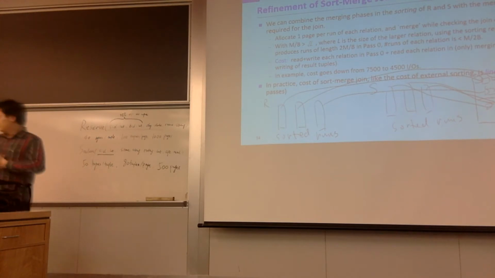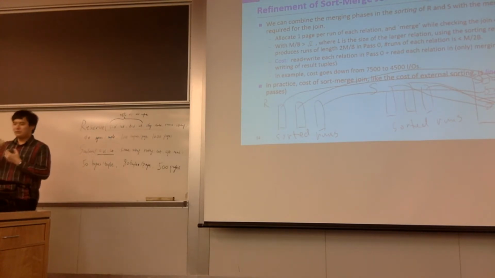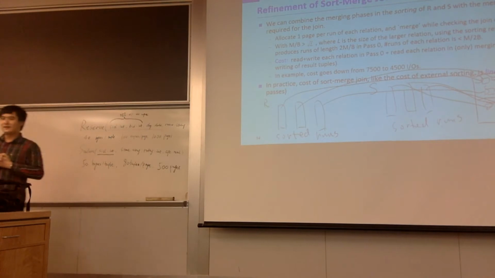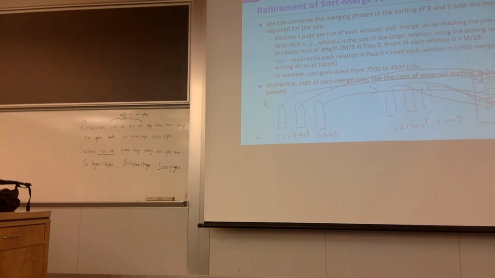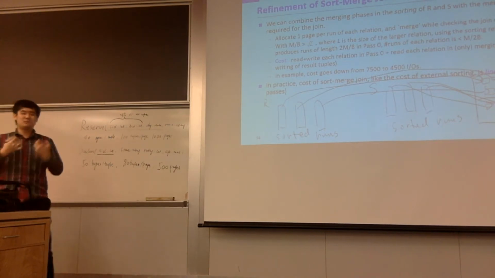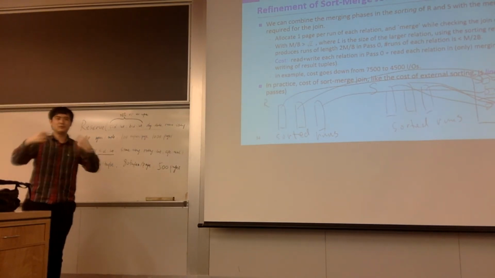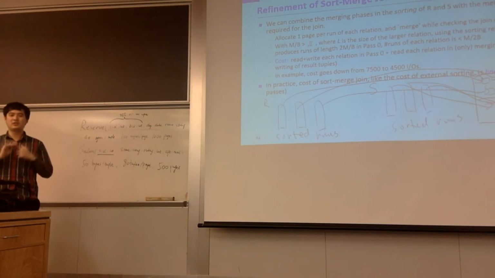Then you are producing those tuples on the fly. So at any time, you have one next tuple for R and one next tuple for S. And what are those? Those are the tuples you are pointing to during the merge of your sort merge.